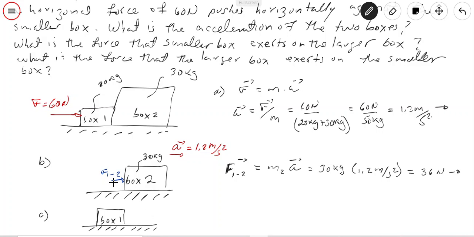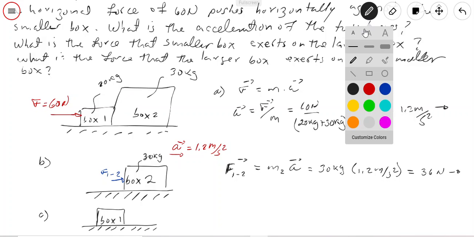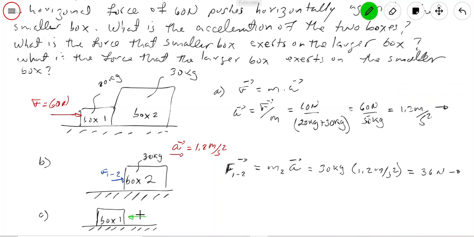If box 1 exerts a force of 36 newtons to the right on box 2, as it's an action-reaction pair, according to Newton's third law, the force that box 2 exerts on box 1 is also 36 newtons, but in the opposite direction.